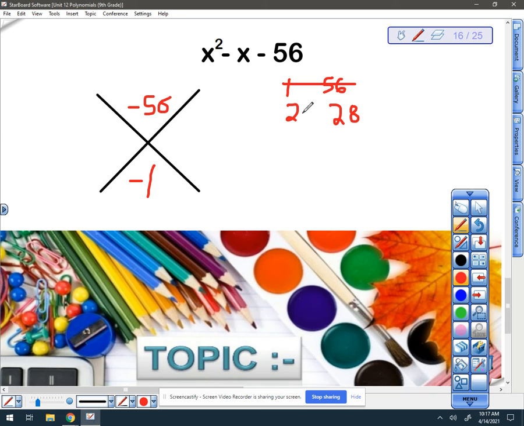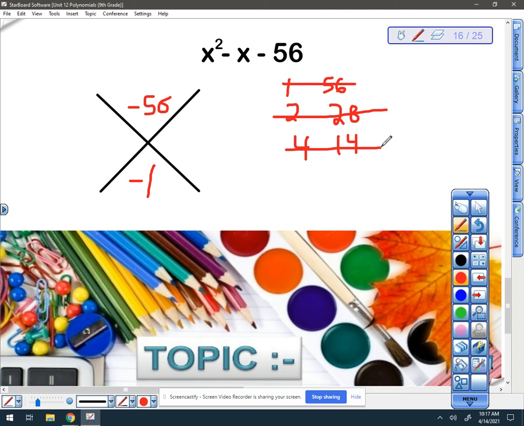Nope, that can't give me negative 1 if I add or subtract those. Sit there and think of what else goes with 56. Will 3 go into 56? Nope. This is where you just use your calculator and divide it by different things. You can say, okay, 4 goes into 56. So 4 times 14 is 56, but that can't give me negative 1.